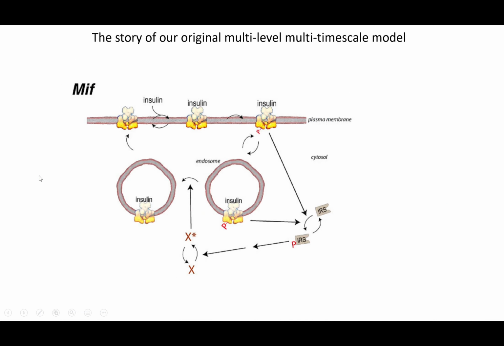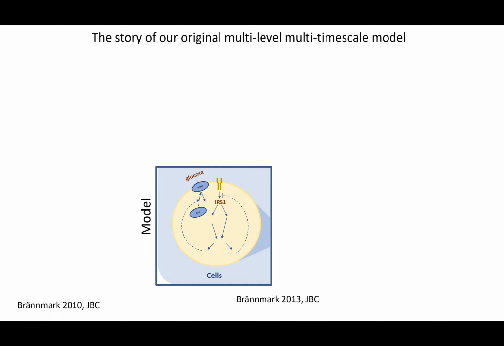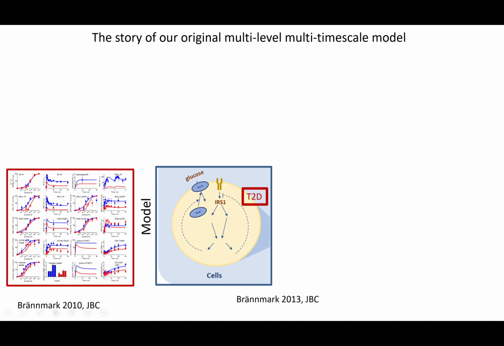Okay. So with this little conceptual introduction, let's go back to the example. So this was the resulting model. Insulin binds to the insulin receptor, which was a part of the next paper, which identified how insulin signaling goes wrong in type 2 diabetes. And this was based on lots of data.